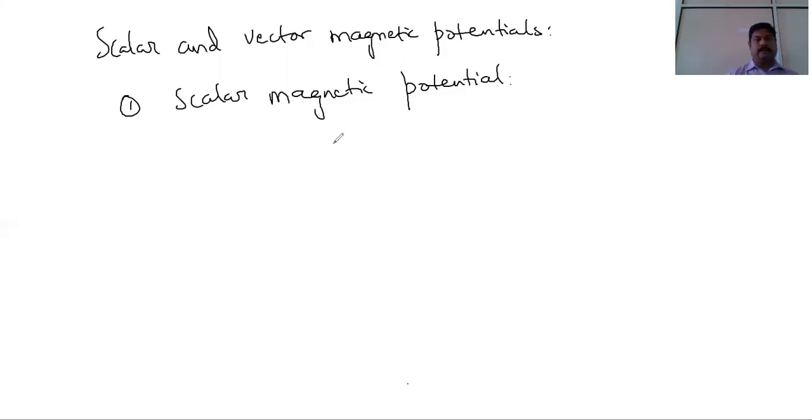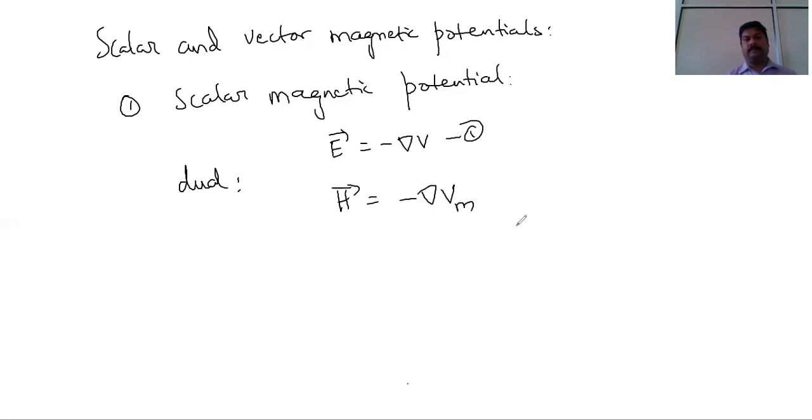Now, in the electric field, what do we have? E equals minus del V, correct? So an analog or a dual of this equation 1 in the magnetic field will be H equals minus del Vm. As in the electric field, we have an equivalent in the magnetic field with the same logic. The only differentiation here is that Vm is the scalar magnetic potential.